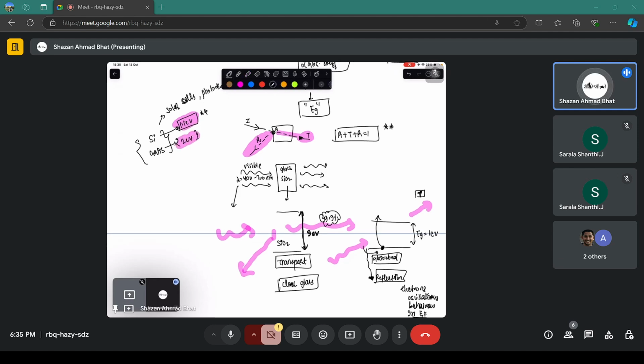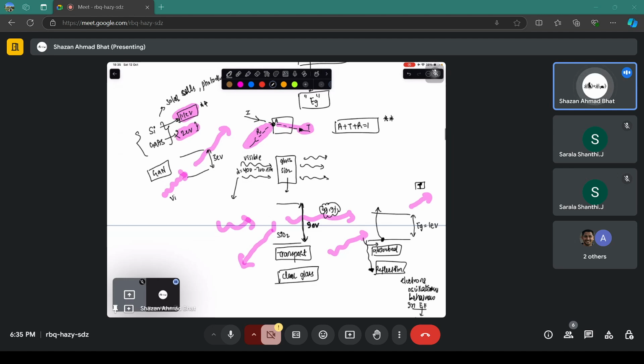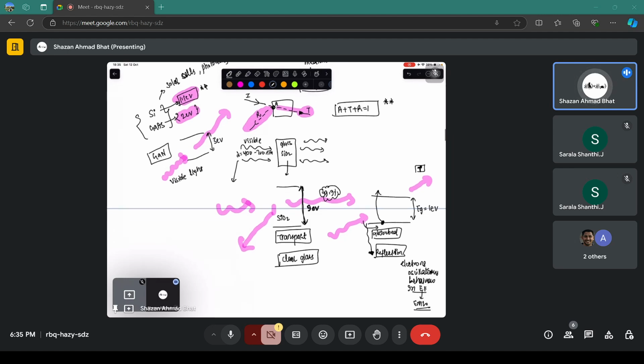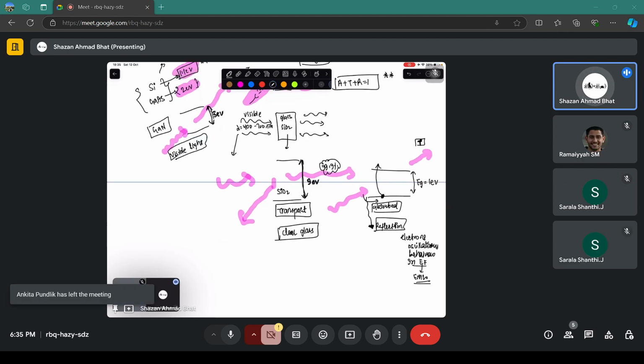But if you have something called gallium nitride, another material, its band gap is approximately 3 electron volt, then you will see that it is absolutely transparent at visible wavelength. At visible light, it is absolutely transparent because visible light's energy is not enough to cause any transitions in the gallium nitride. 3 electron volt is a huge value.